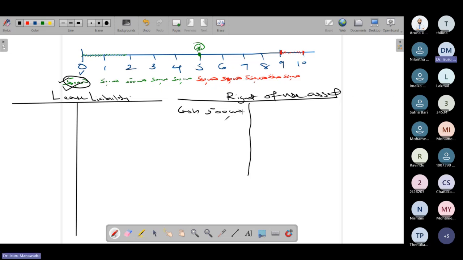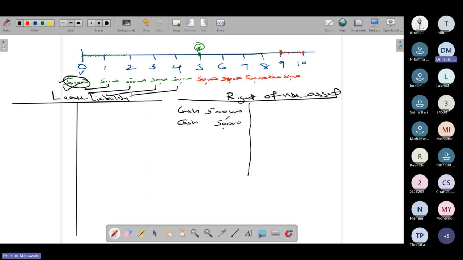In addition to that, this entity has paid 50,000 initial direct cost. Cash credit, right of use asset debit. Again, cash here. Right? Then you need to calculate the present value of all these cash flows.